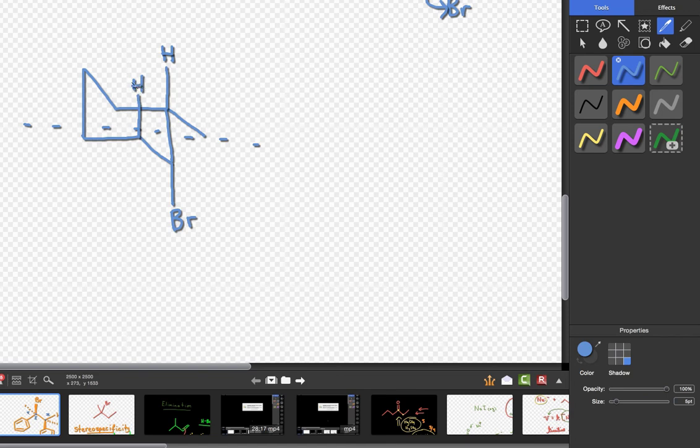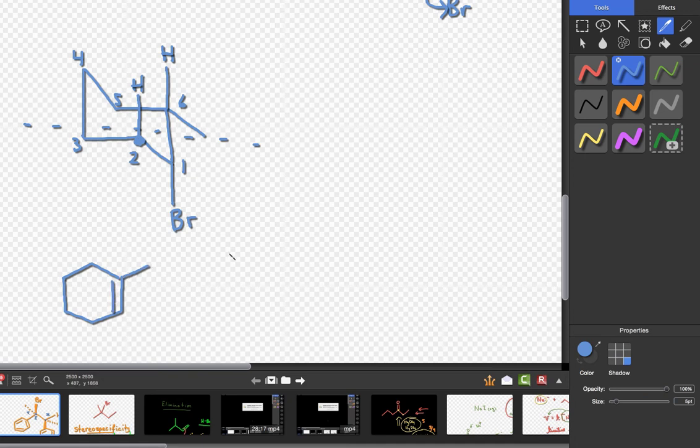I could remove the hydrogen from, I'm going to call this carbon 2, carbon 1, 3, 4, 5, and 6. So with this molecule, there are two possible products. Now, one is going to be more stable than the other, and that's going to be the more substituted alkene. Here's one product.